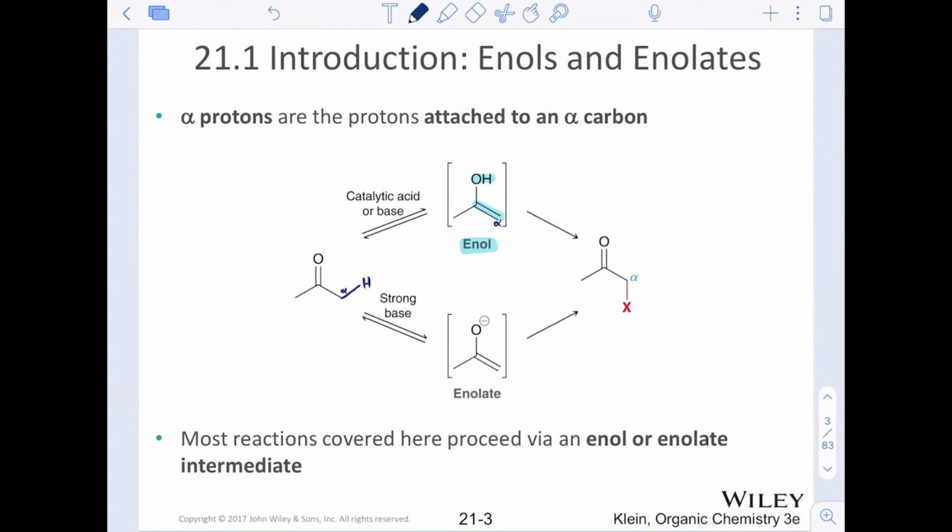If we use a strong base, though, we can get a deprotonation of the alpha carbon, which creates an enolate. Notice again, the pi bond is there between the alpha carbon and the carbon of the carbonyl, but instead of an alcohol, we have an oxygen with a negative charge. Most of the reactions in this chapter will proceed via an enol or an enolate intermediate.